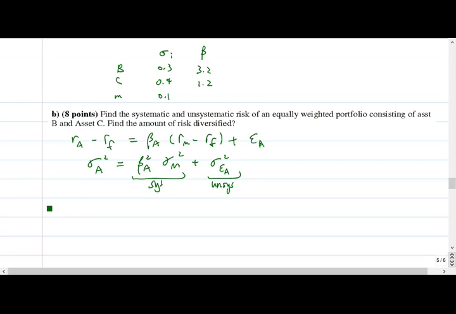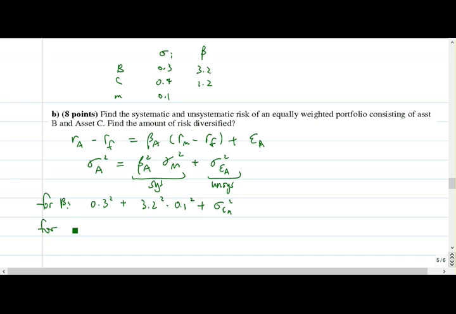And what do we know? We know sigma b, so we start with stock b, and then this equation implies we have beta b. We know beta b is 3.2, so sigma b squared equals 3.2 squared times 0.1 squared from part A, plus that thing we don't know, so we can solve for this.